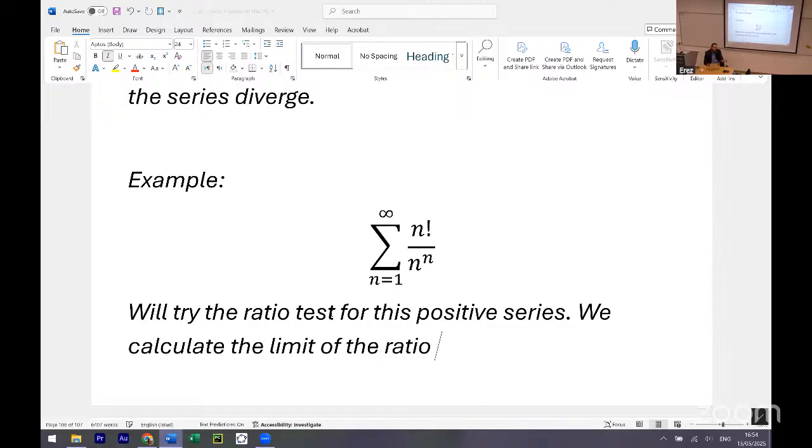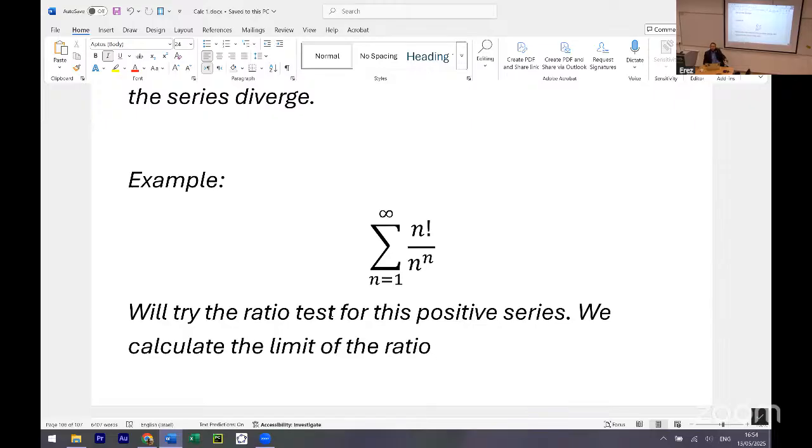Sometimes students by mistake just take the ratio and show that the ratio is smaller than 1. Ratio smaller than 1, like Thomas said before, says that the sequence is decreasing. That does not promise me that the series is converging.